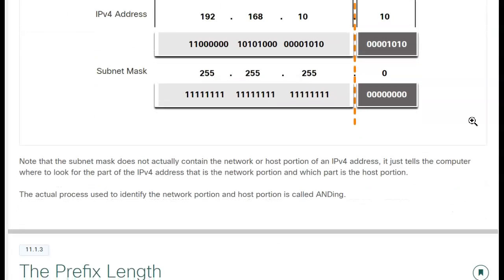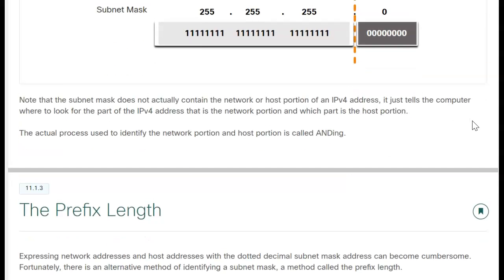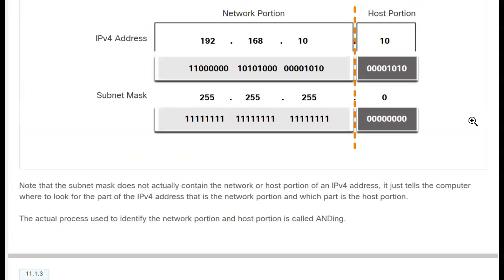So in this case, when I'm ANDing these together, when I see the 1s, I just automatically pull down 192.168.10, all because of what? The 255. There are only 1s there. Now, if for some reason it was 255.255.240, then once you do your binary, which bits are turned on and how many bits are turned on to get to 240?